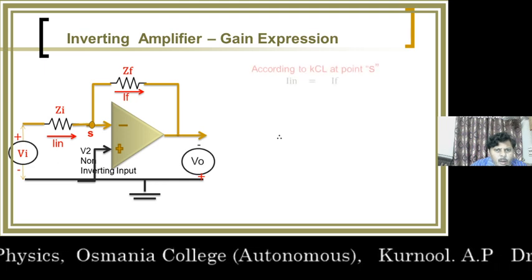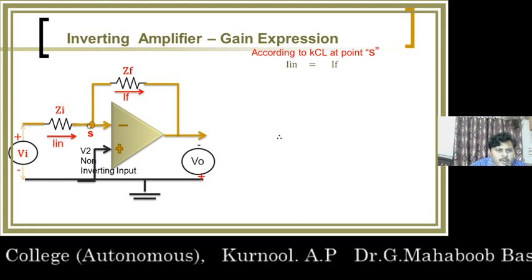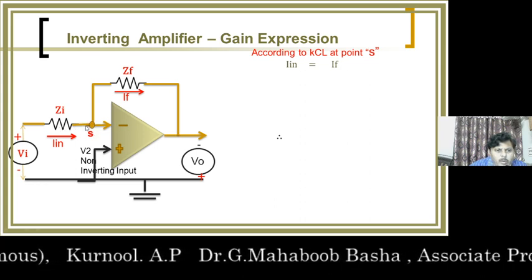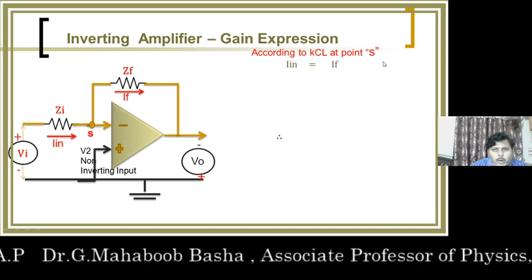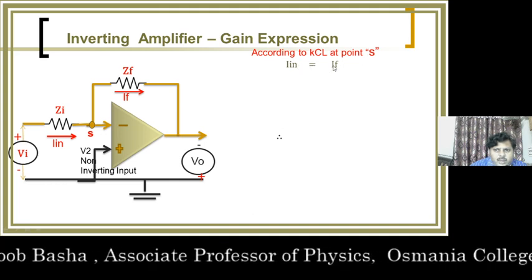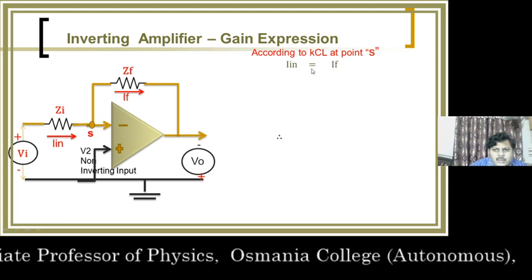According to Kirchhoff's current law at point S, the algebraic sum of the currents meeting at any point is equal to 0, or the current flowing towards the point is equal to the currents flowing away from the point. Therefore, at point S, In is equal to Ia plus If, but the Ia value is negligible, so we write In is equal to If.